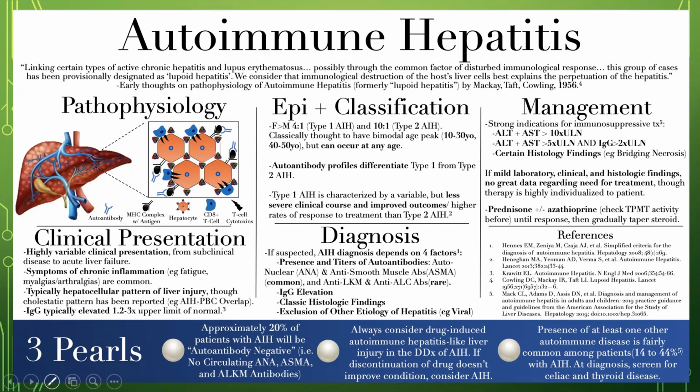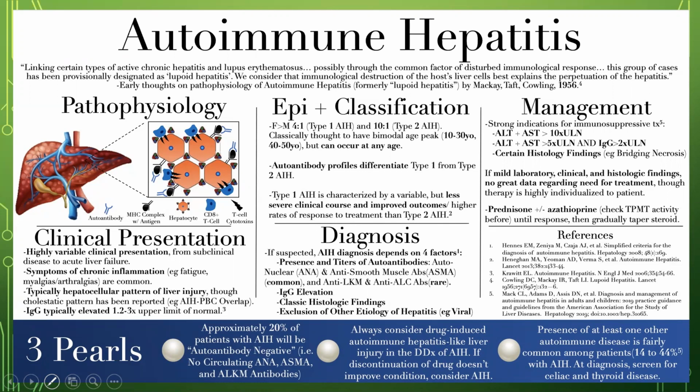Symptoms of chronic inflammation include fatigue, myalgias, and arthralgias, typically with a hepatocellular pattern of liver injury. A cholestatic pattern has also been reported. Immunoglobulin G is typically elevated, up to threefold over the upper limit of normal.